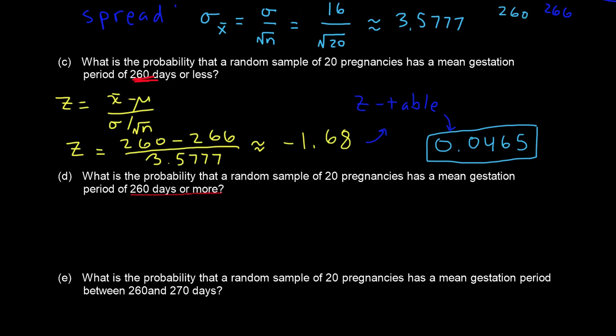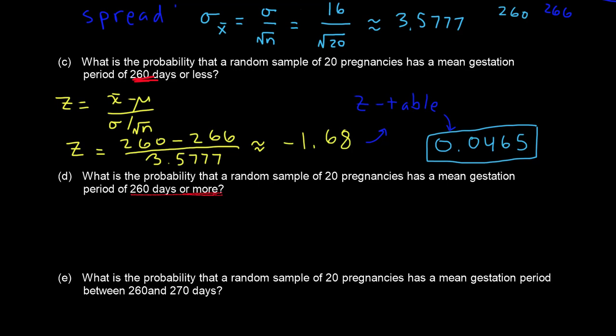However, this is a greater than question, right? 260 days or more. However, all the other components have not changed. So this is a very simple question since we've already done part C, because we just need to take the complement to our solution from part C.